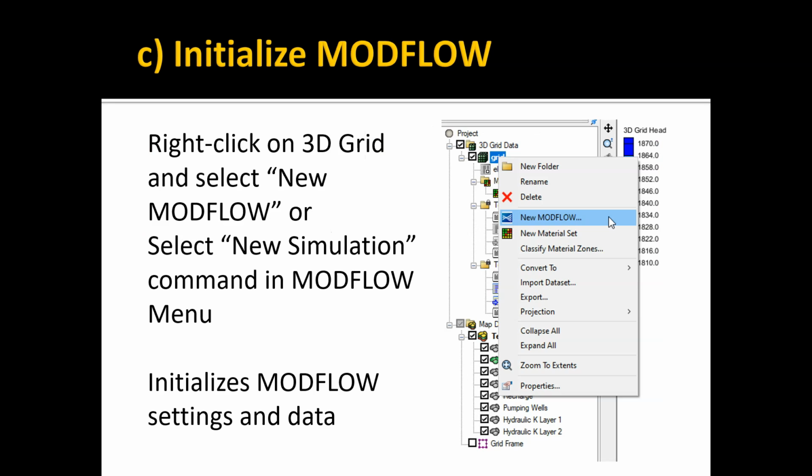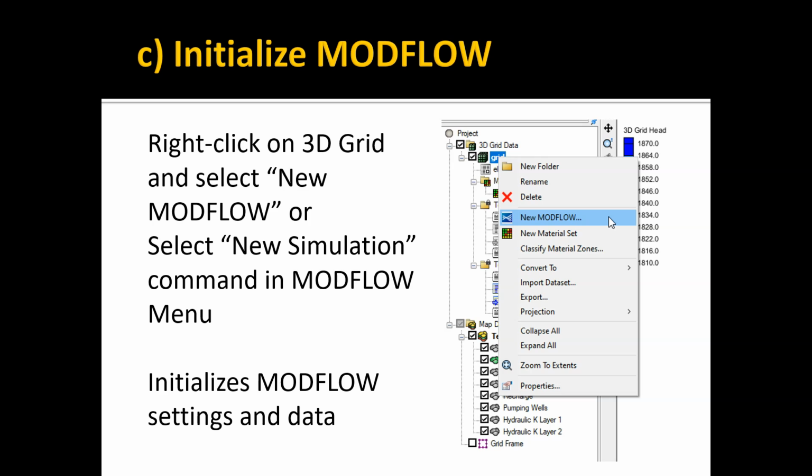Then you have a grid. The next step is to initialize MODFLOW the same way we've always done. You can right-click on the 3D grid and select New MODFLOW, or you can select the New Simulation command in the MODFLOW menu, and that will bring up the dialog where you select whether you're going to do steady state or transient, and what packages you want to use.